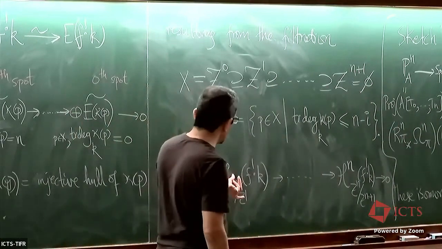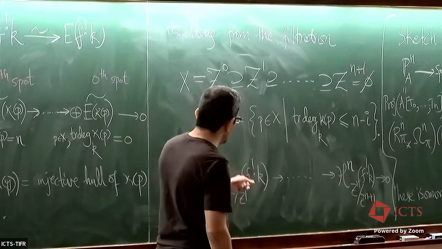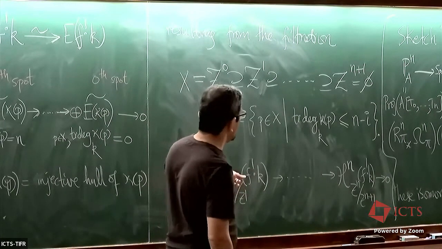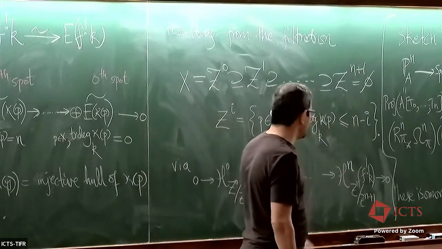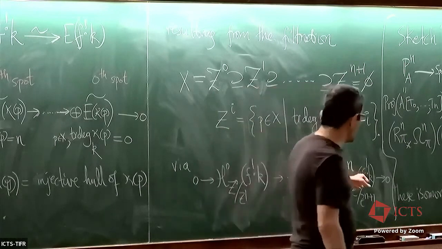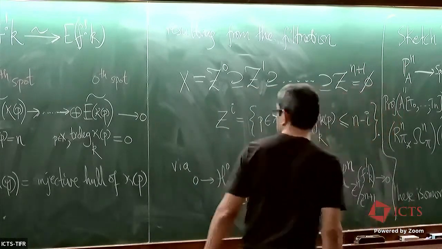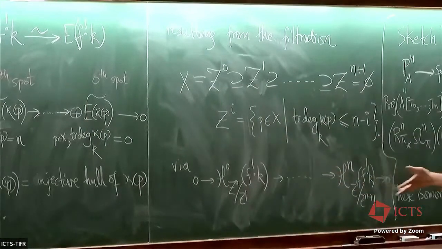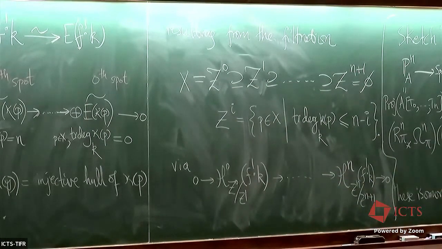So this will basically consist of only points where the codimension is exactly 0. I mean, the transcendence degree is exactly n, and so on and so forth. So here these will correspond to points whose transcendence degree is exactly 0. And what one can prove, this needs some proof, I'm not going to go over the proof.